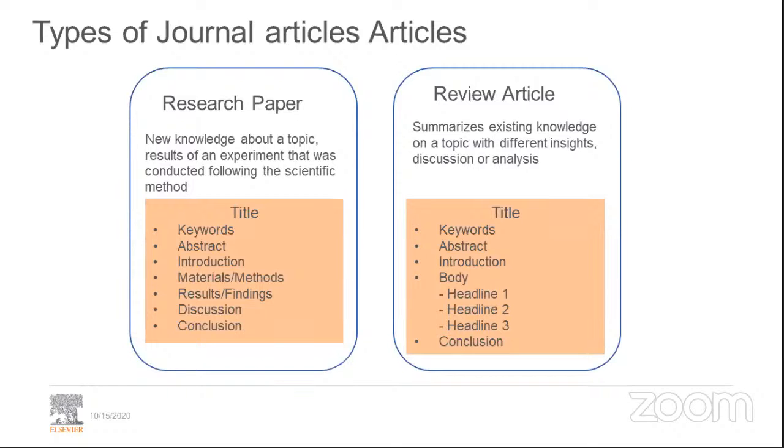So they will report on their materials, what they used, the methods they used, the steps they went through to get the results. They will then report on the results or findings, what they got or what happened in their study. Then a discussion, in which they will interpret the results and try to relate them to what was already published in the literature. And at the end, they will write their conclusion.